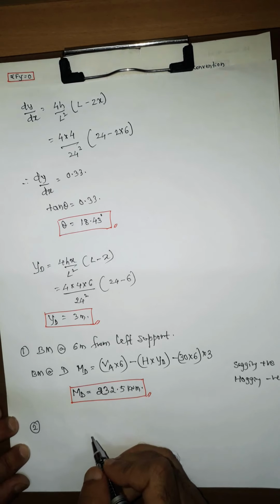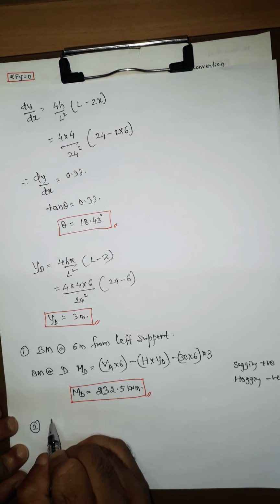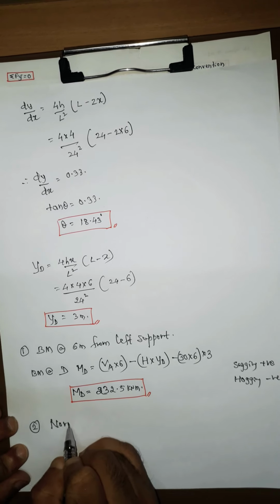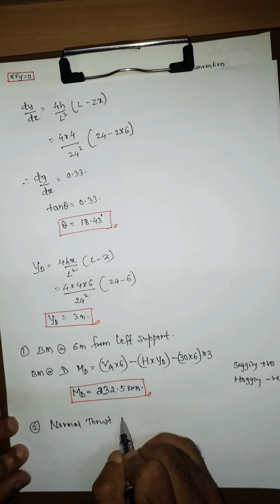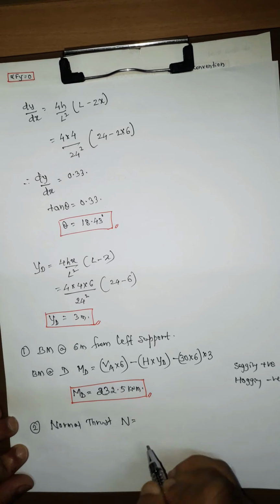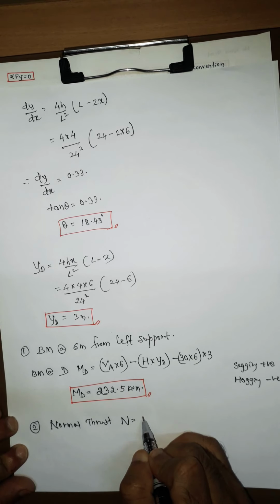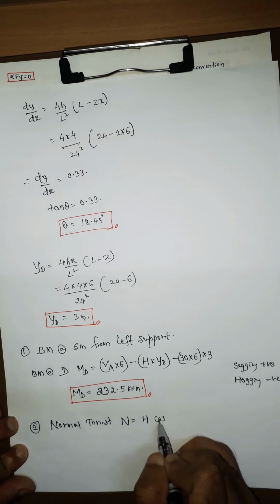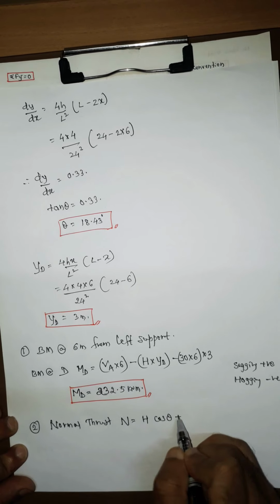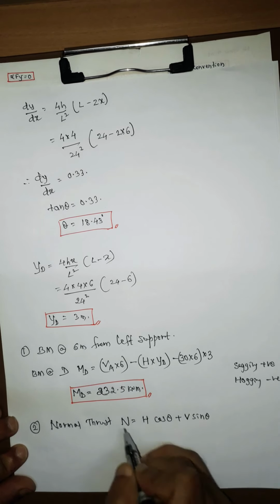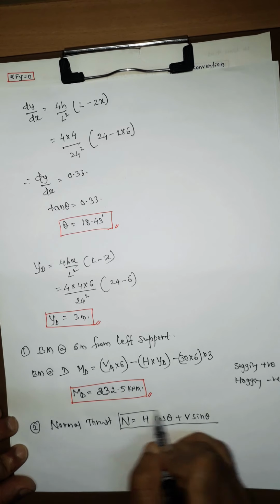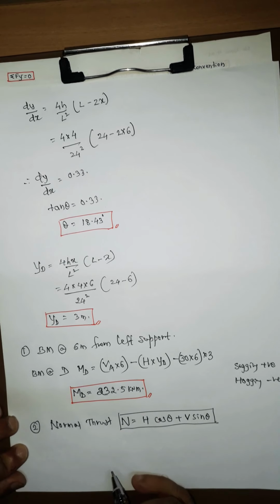The second thing is normal thrust. Normal thrust is denoted by N, and we already know that N is equal to H cos theta plus V sin theta. We already know this equation, normal thrust at any point on the arch.